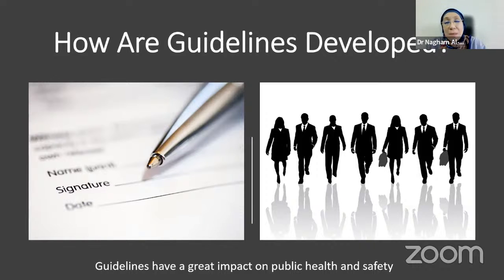A panel of experts is chosen by an agency or professional organization to draft guidelines. Those experts draft the guidelines based on their interpretation of the available evidence in the literature, and on their experience, through discussion and consensus. And that's why those guidelines differ slightly in their recommendations.